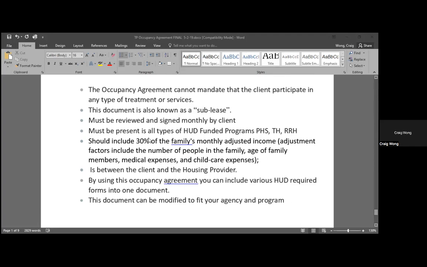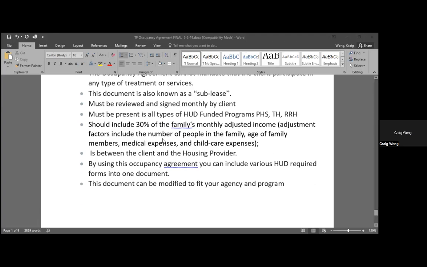It must be present in all types of HUD-funded programs: permanent supportive, transitional, rapid rehousing. We talked earlier about the income information where applicable, 30% of families' monthly adjusted income, mainly that applies to our permanent supportive housing programs.